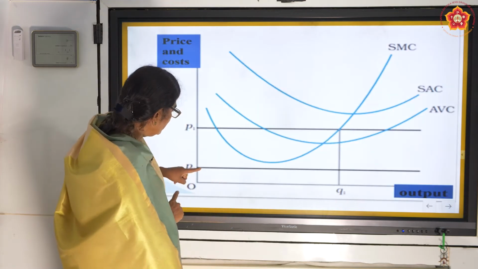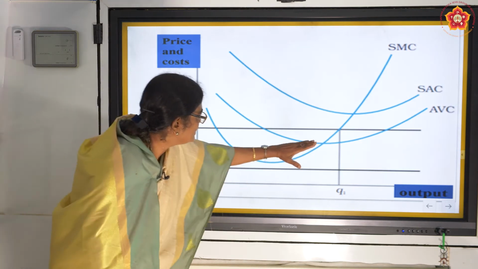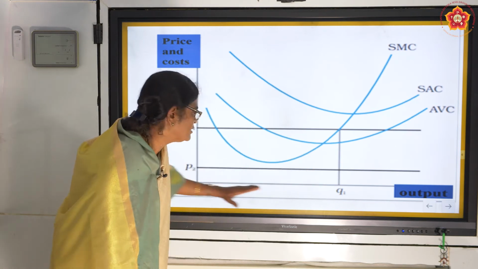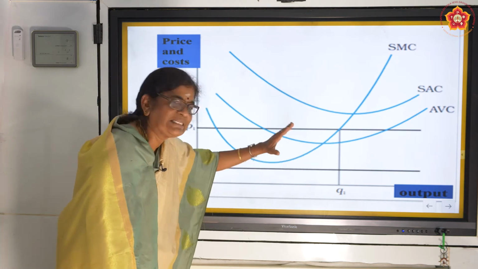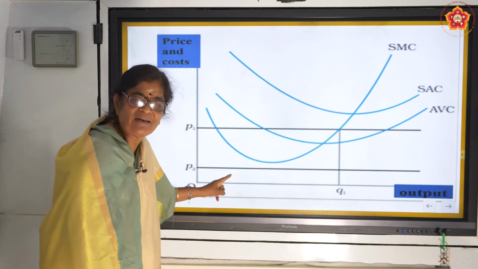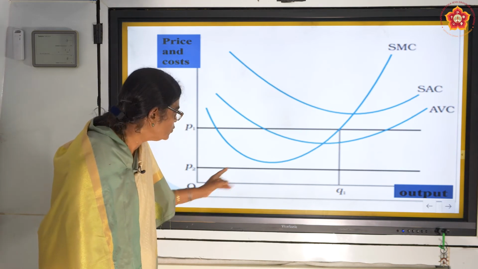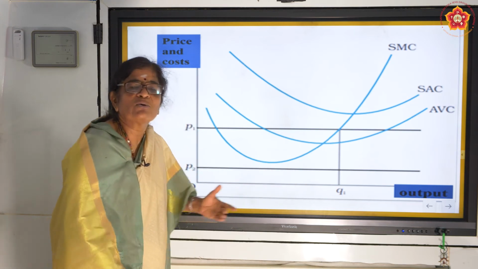Therefore, at the P2 level, ABC exceeds, ABC is above the P2 price level. As long as ABC is above the price level, we call it P less than ABC. That is P2 less than ABC, with ABC upper and the P2 level below. Therefore, our condition is what?